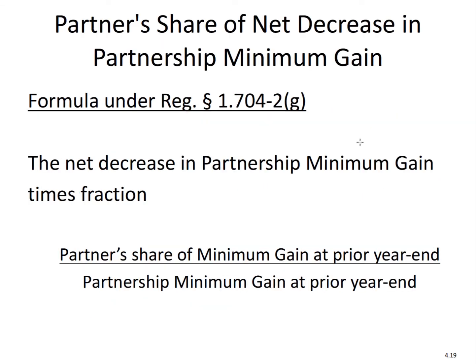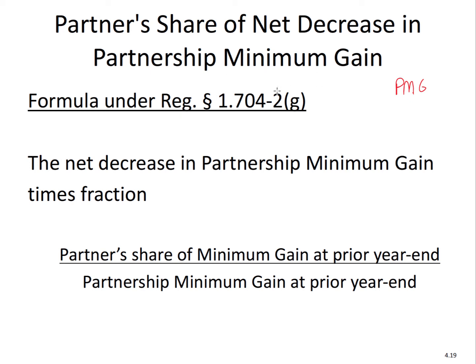So the next thing is the partner's share of a net decrease in partnership minimum gain. Now that we've looked at the partnership minimum gain and the minimum gain chargeback provision, remember that each partner has to recognize his or her share of partnership minimum gain. To calculate that, we first have to calculate the partner's share of the net decrease in the partnership minimum gain.